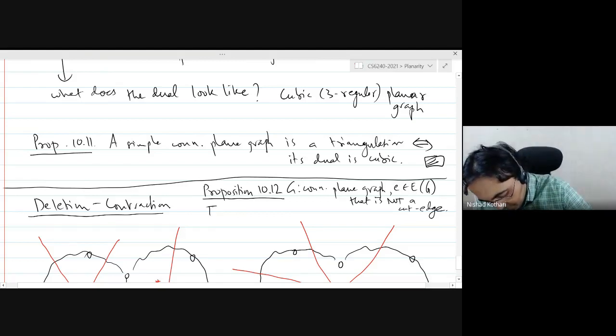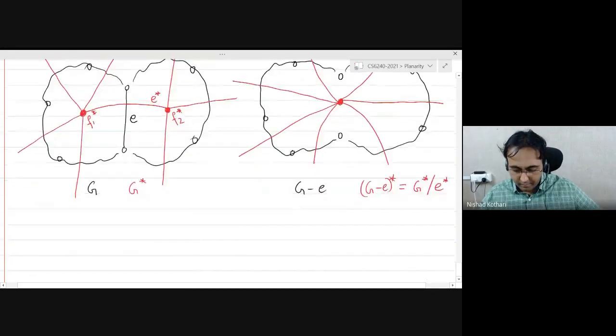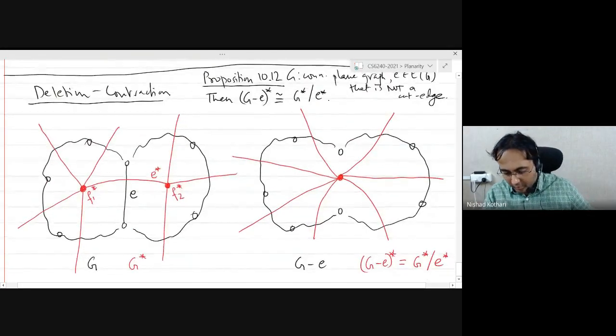Then deleting this edge and taking the dual is the same as first taking the dual and contracting the edge E star that corresponds to the edge E. So that is exactly what we wrote down.